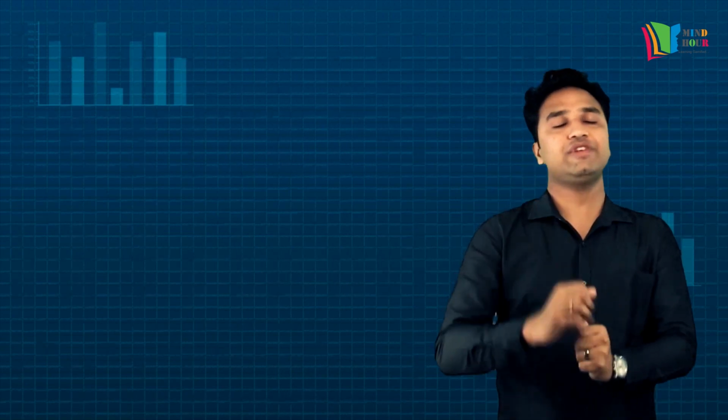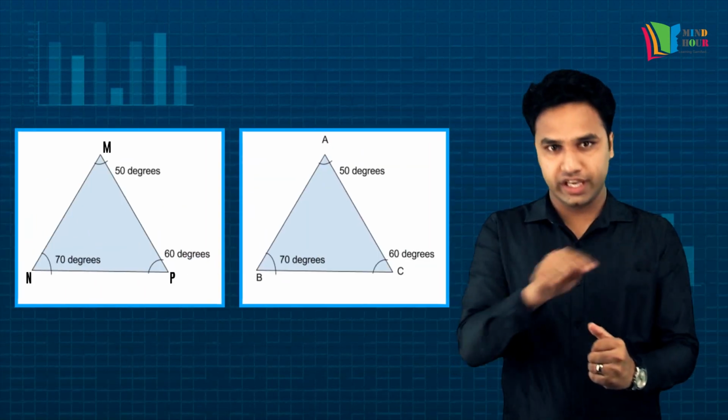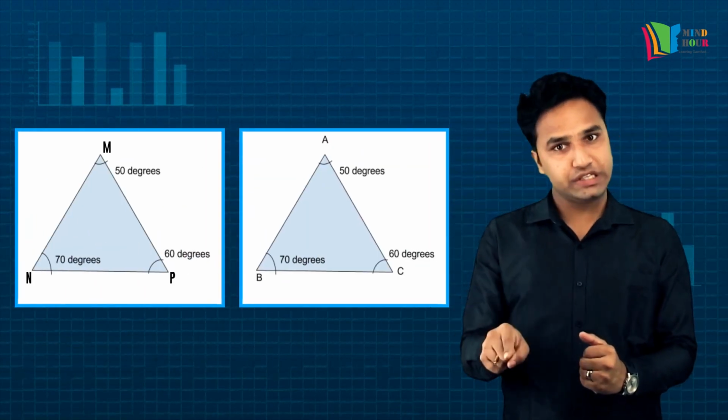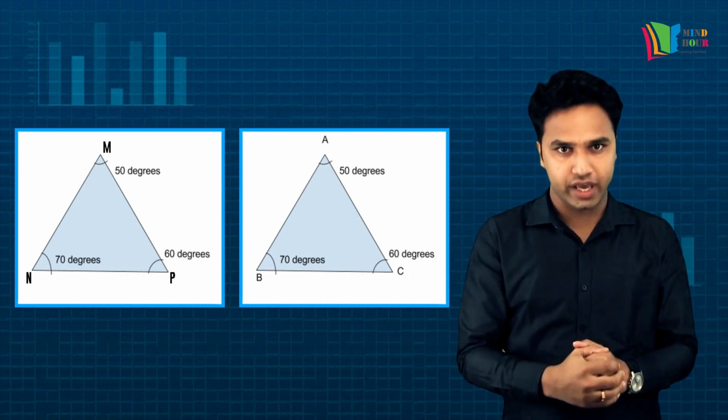Notice that when triangle MNP is congruent to triangle ABC, then the sides of triangle MNP fall on the corresponding equal sides of triangle ABC. And so is the case for the angles. That is, MN covers AB, NP covers BC, and PM covers CA.